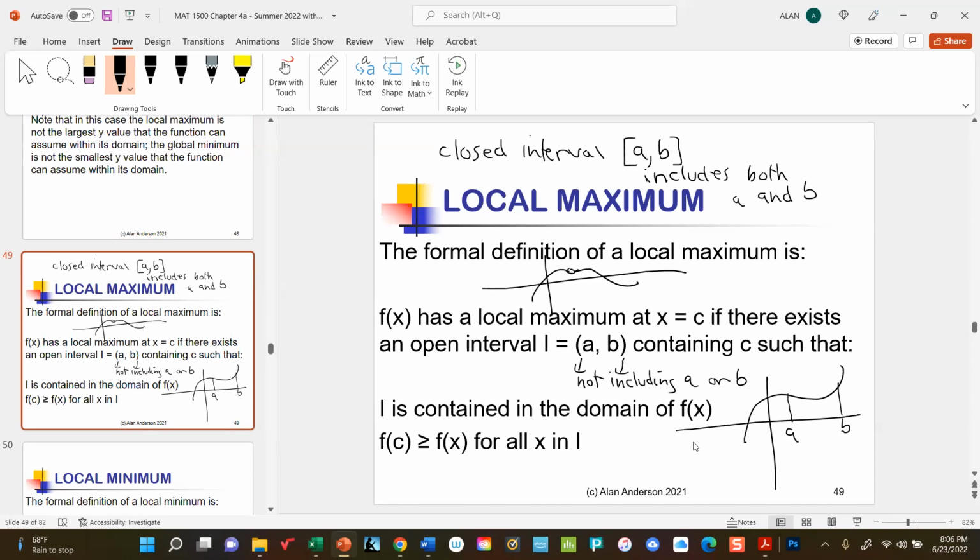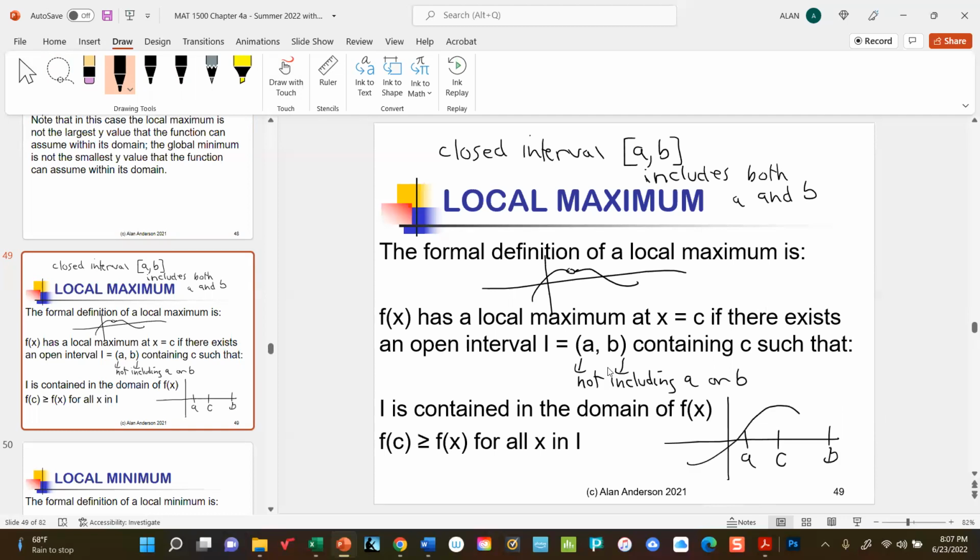As long as I is contained in the domain, if we discover that f of c is greater than f of x for all the x's. Let me see if I can draw that. Okay, this is pretty good.